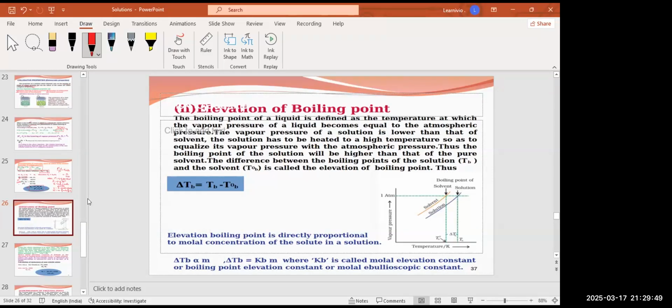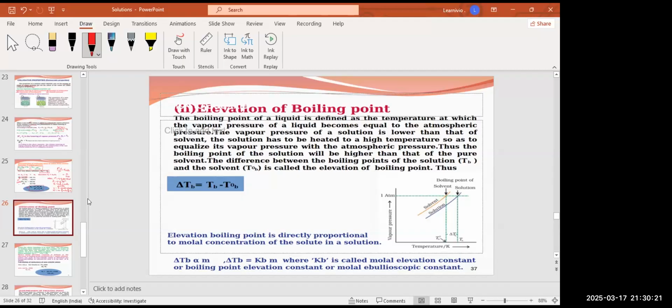In this case, the boiling point of a liquid is the temperature at which its vapor pressure becomes equal to the atmospheric pressure, right? So what happens when a non-volatile solute is added to a solvent? What happens to the boiling point? The boiling point of the solution is always higher than that of the pure solvent, right?